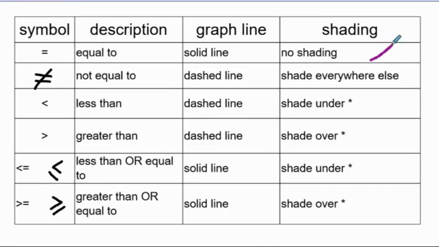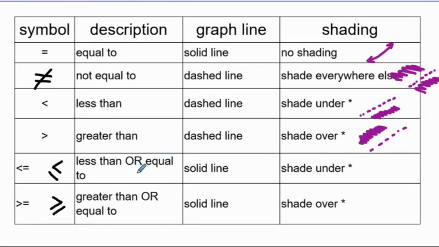It's just the line. If it's not equal to, we've got that dashed line, but we shade everywhere else. If it's a less than, we put the dashed line and shade under. If it's a greater than, it's a dashed line, shade over.